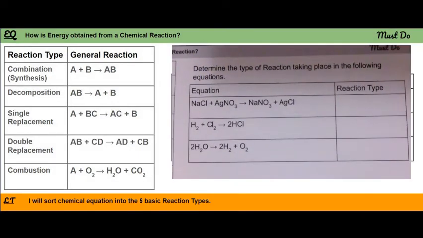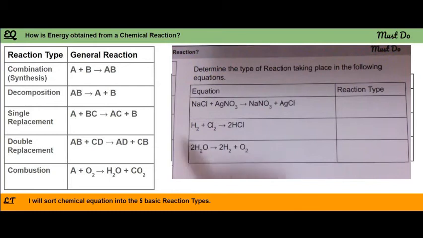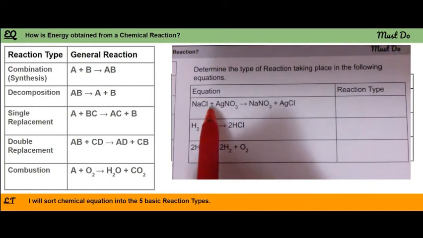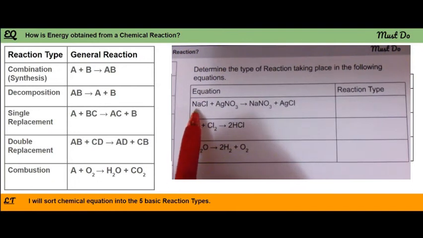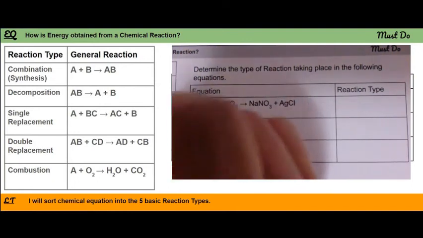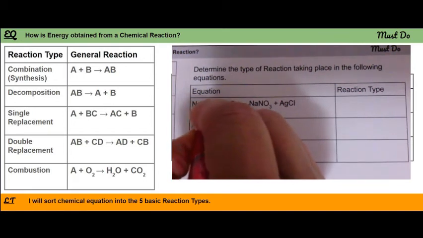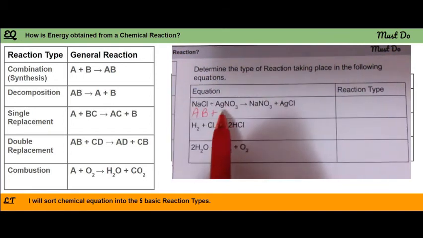Okay, so here are our examples. We have sodium chloride. Sodium is an atom and chlorine is an atom, so you can think of this as A and B. And then we have silver nitrate.